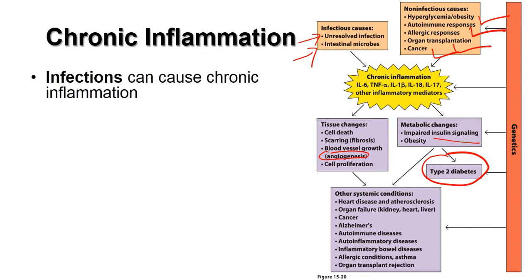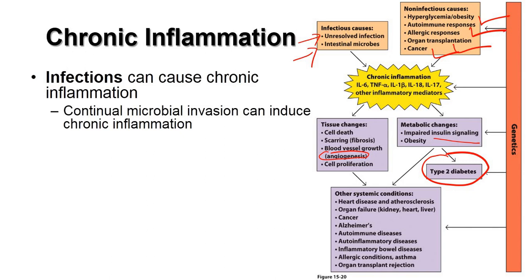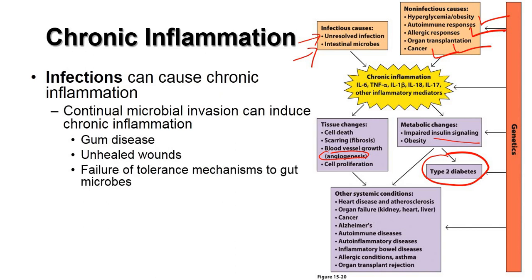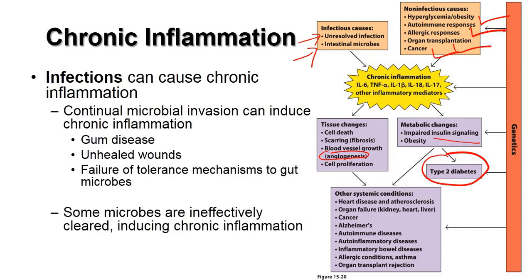To summarize, infection can cause chronic inflammation. Continuous microbial invasion can cause chronic inflammation, such as gum disease, when your wounds are not healed for extended duration. Failure of tolerance mechanism to gut microbes. Some microbes are ineffectively cleared, and when you are not completely clearing the microbes, it can again lead to chronic inflammation.